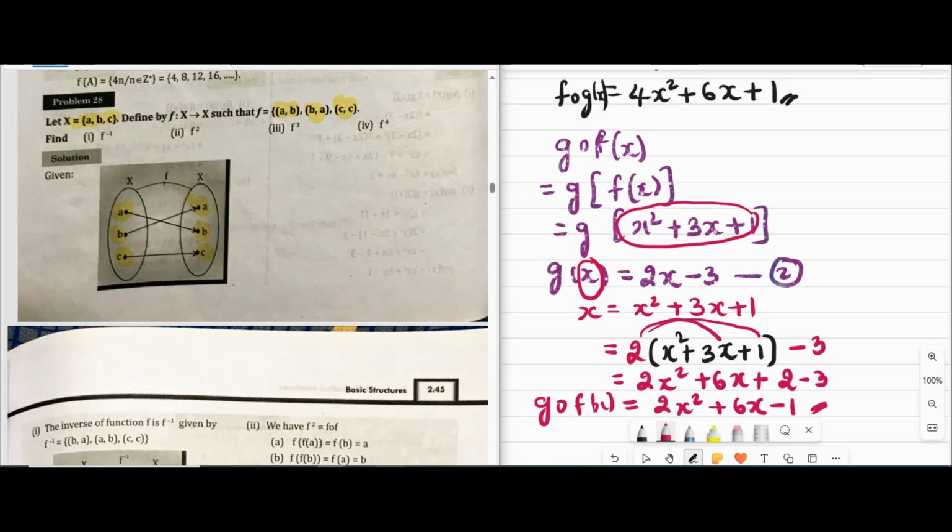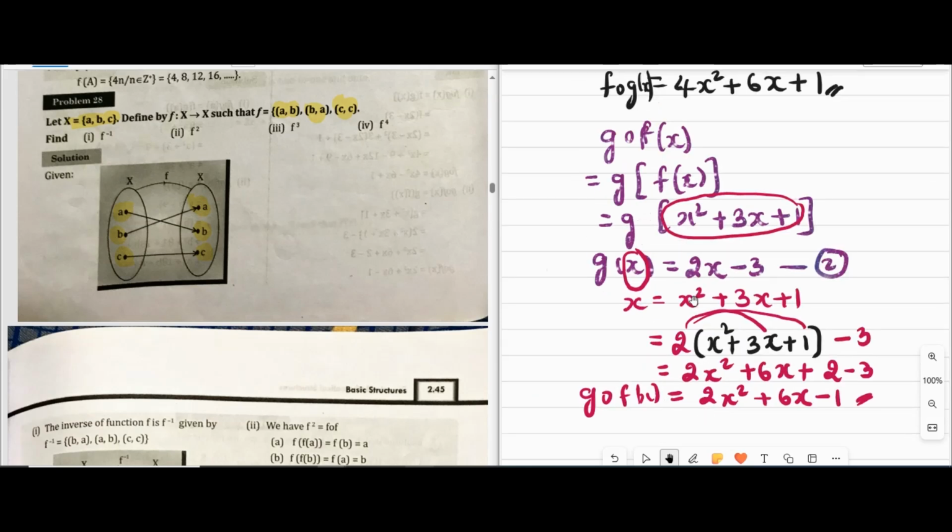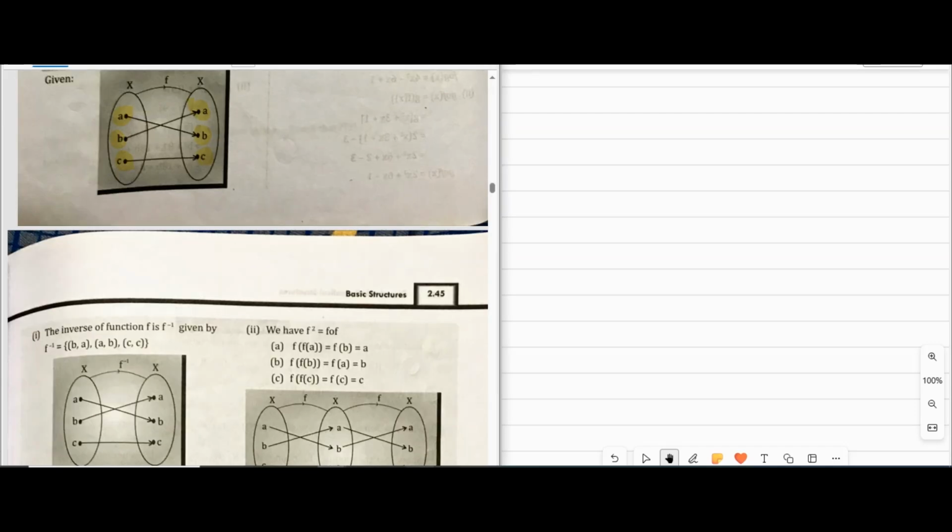What will be f inverse? How to find this? I'll show you. They have given f of x as a comma b, then b comma a, then c comma c.